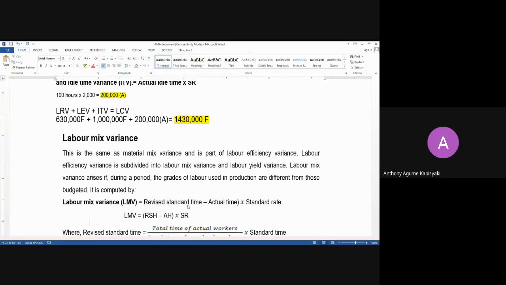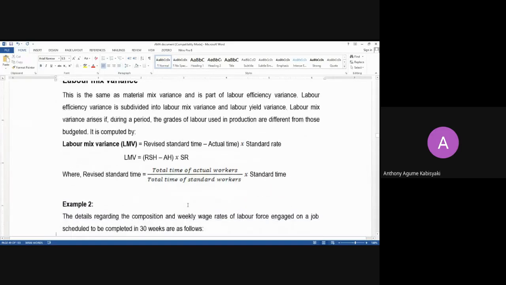So likewise here with labor, to get the revised standard time, we need to get the individual standard time divided by the total standard time, then times the total actual time of the workers.